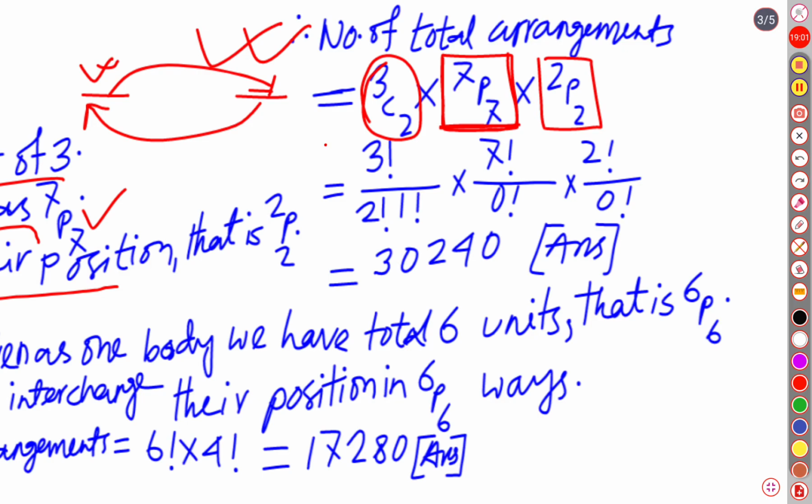So the first one is a combination, and for combination we have already come to know that 3 is the numerator. These 2 should be written here, and then 3 minus 2, remember it is to be separate. In combination, the chosen number should be subtracted from the total number.